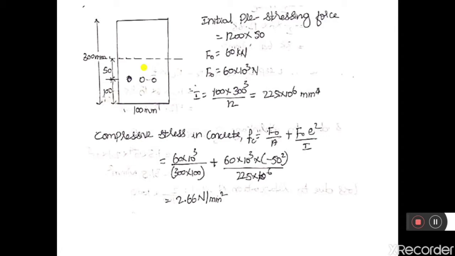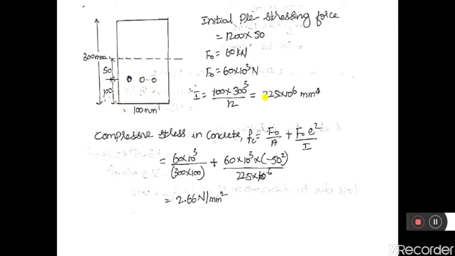Firstly, we know the cross section area of the member, it is 100 by 300 mm. The initial stress is given and the cross section area of each cable is given, that is 50 mm square, and we need to calculate the loss due to elastic shortening. We know the formula for elastic shortening.